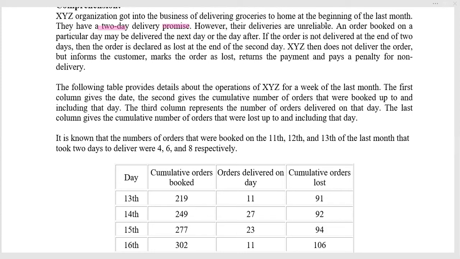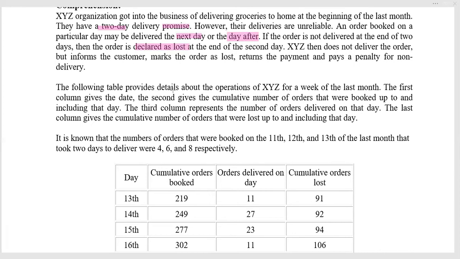An order booked on a particular day may be delivered the next day or the day after. If the order is not delivered by the end of the 2 days, then the order is declared as lost at the end of the second day. XYZ then does not deliver the order, but informs the customer, marks the order as lost, returns the payment, and pays a penalty for non-delivery.